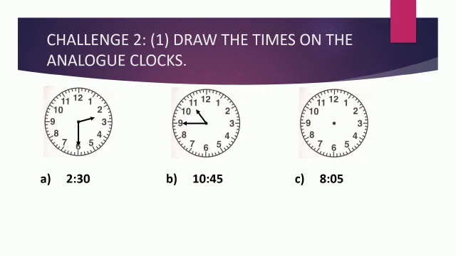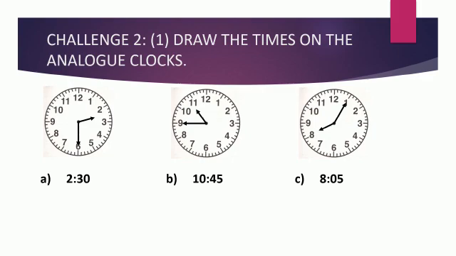Okay, students? Now, clock number 3, part C, it is 8:05. Time is 8:05, means 8 o'clock and 5 minutes. So you will draw small hand on 8 and long hand will be on 1, because when you start from 1, it means that there are 5 minutes.